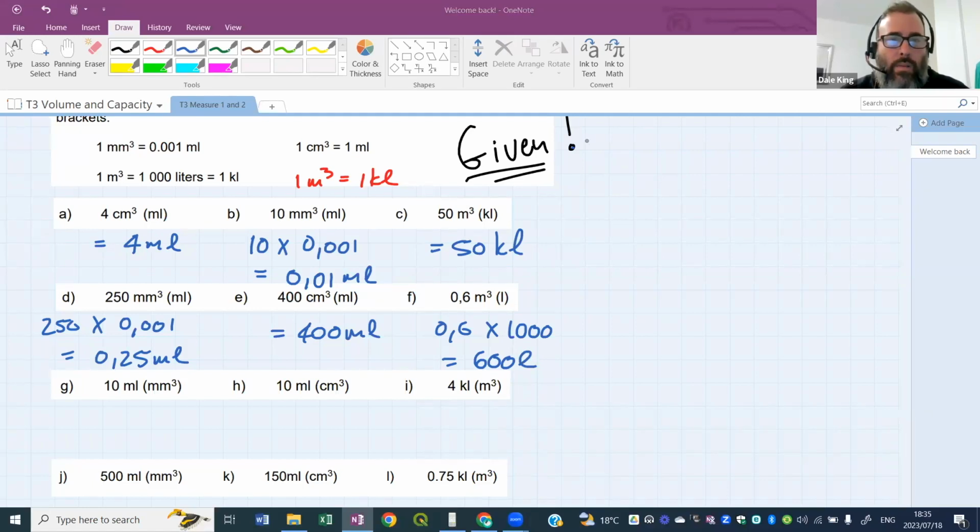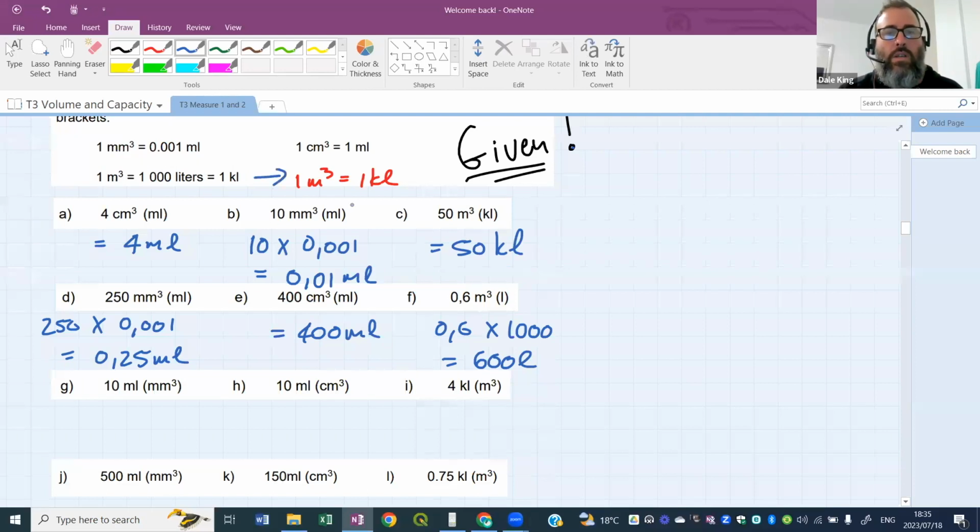I think it's centimeters to kiloliters instead of meters. C, hey? Yes, sir. All right. So C says 50 meters cubed to kiloliters. So I'll look at this conversion here. I need to go from meters cubed to kiloliters.